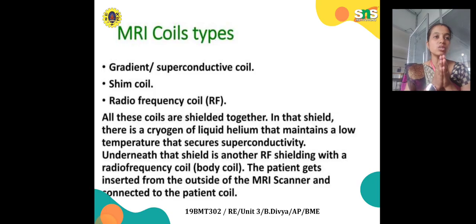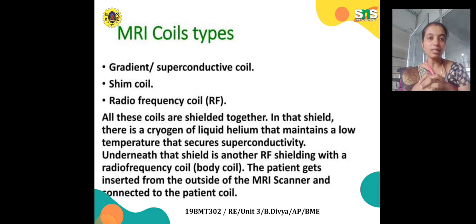To maintain this, we have a cryogen of liquid helium. Helium is coated onto the coils and is used to maintain low temperature while the patient is scanned.